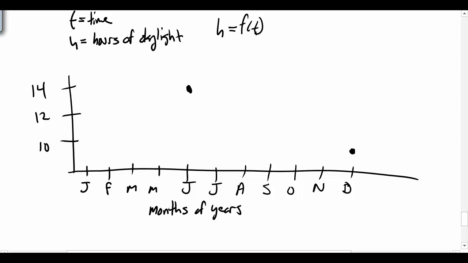And then March and September, March we had 12 and September we had 12. We can imagine the rest of this as we extend out this pattern, that it's going to keep going back and forth, bouncing up and down between these values. So in a given year, this would represent the number of hours of daylight in a year.